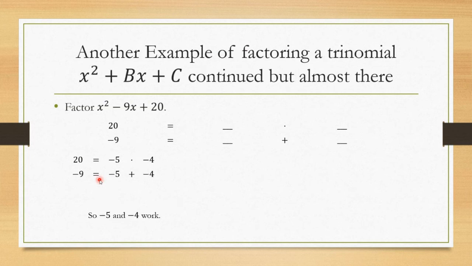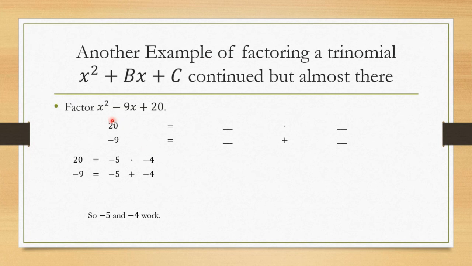What if we negate both? That works. Negative 5 times negative 4 is still 20. Signs alike, the answer is positive. Signs unlike, the answer is negative. And negative 5 plus negative 4 is in fact negative 9. So negative 5 and negative 4 work.